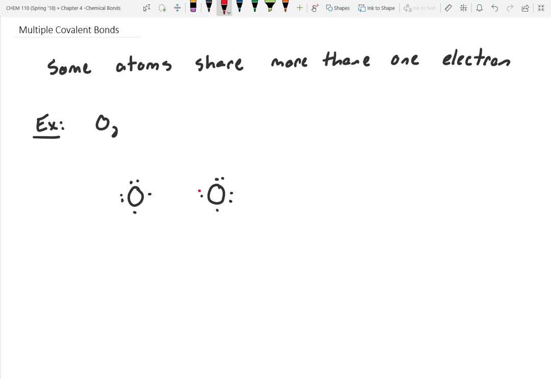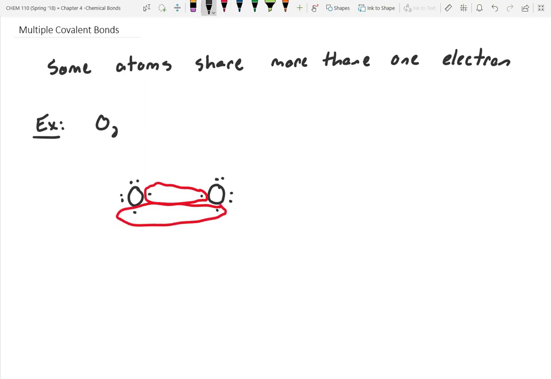Easy thing to do is say, hey, we can share these. However, the oxygens, if you look, we've got 2 electrons here. That's 2, 4, got 6 because of that shared one. We still only have 7, right? So what do you think we might want to do? Yeah, we could share the bottom too, like this, right?